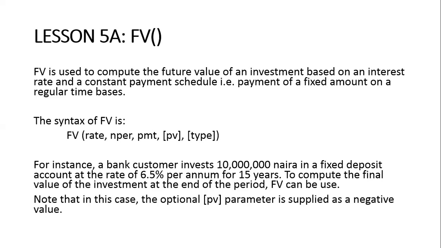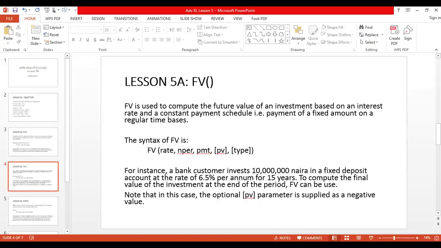It's like the opposite of PV, isn't it? Yes, the opposite of PV. So I believe you already have the values there with you. If you have your system, just give it a try.